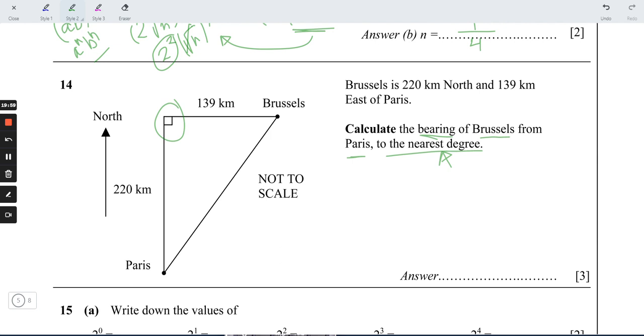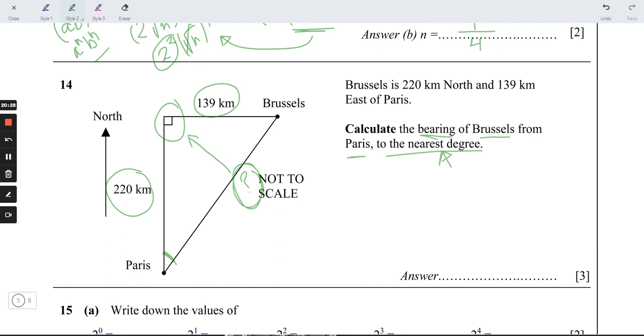So here, our angle, because they need it from Paris. We have two known sides, here and here, and the hypotenuse is unknown, so I don't need to work with the hypotenuse. In a right angle triangle, the hypotenuse is opposite to the right angle.